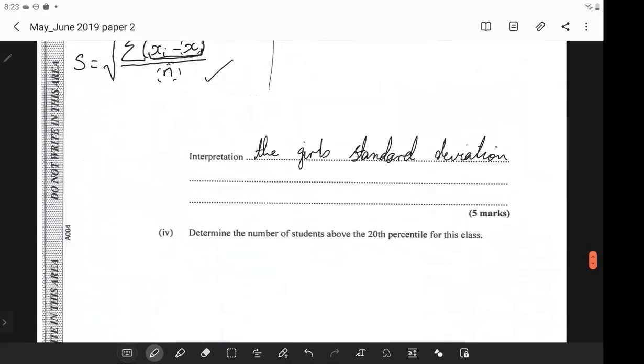So we can say the girls' standard deviation is less than that of the boys.